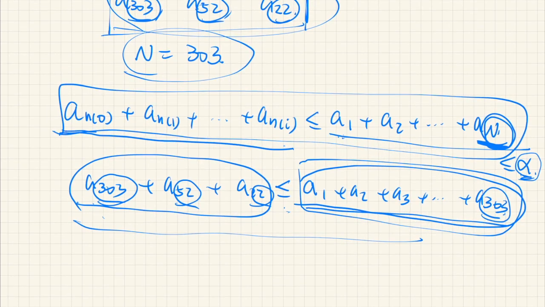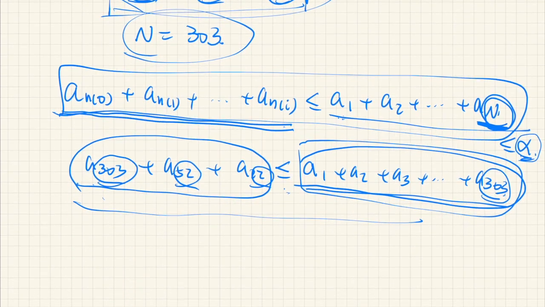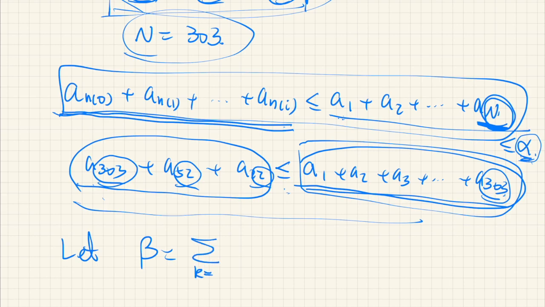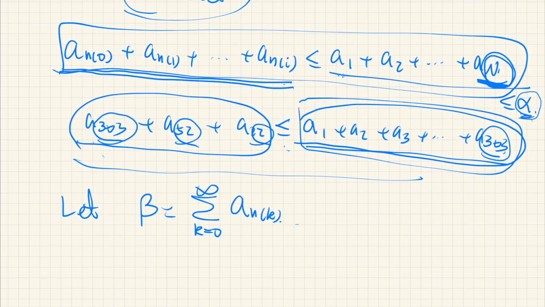And of course, this is a positive term series, so this permuted series is a monotone increasing series bounded above by alpha. Therefore, it will converge. So let beta be the sum of this permuted series, the sum of a_{n(k)}. Then we have beta less than or equal to alpha.